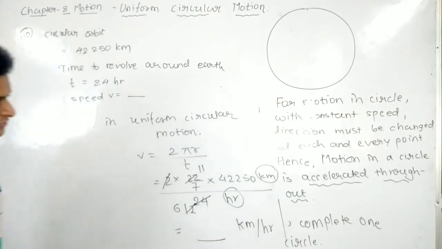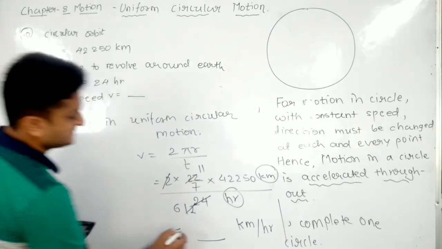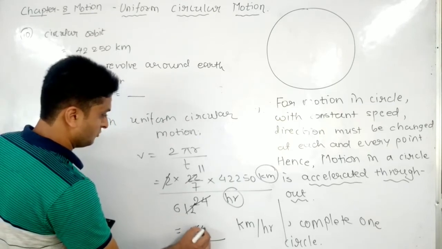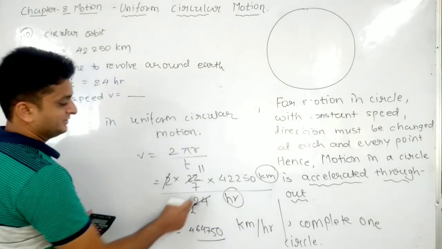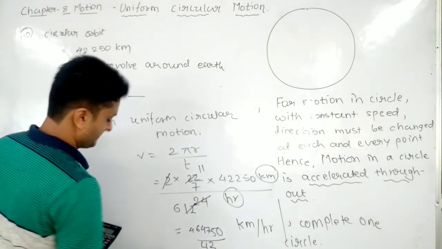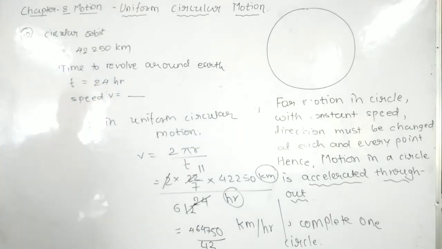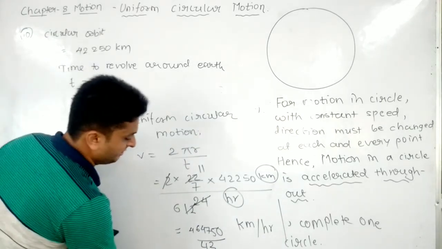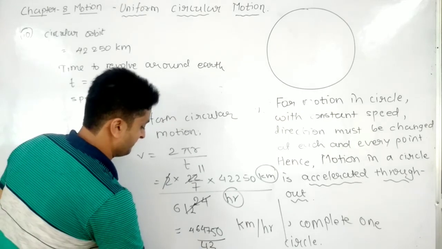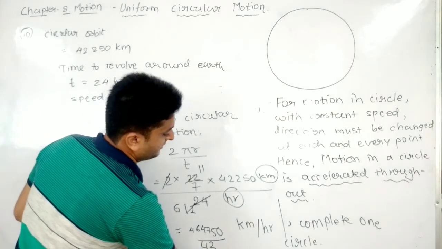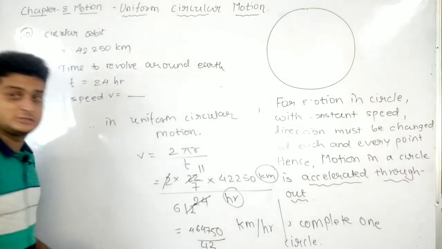Now the rest of the part, it is 11 into 42250. 11 into 42250 will come as 464750, and 7 sixes are 42. So if you divide this with 42, you will get somewhat 11065.4 kilometer per hour. This is going to be the speed.